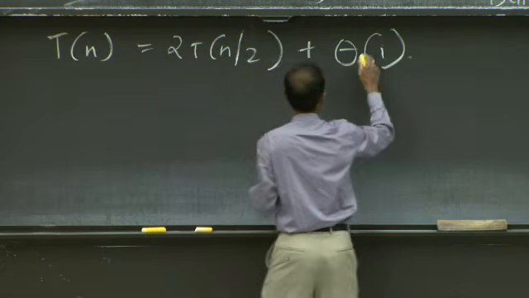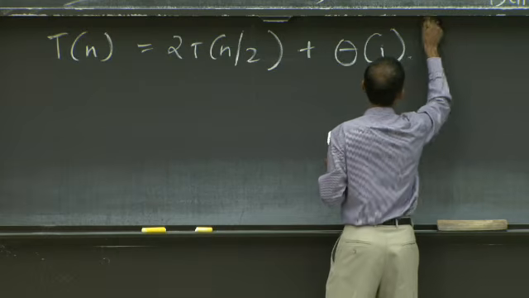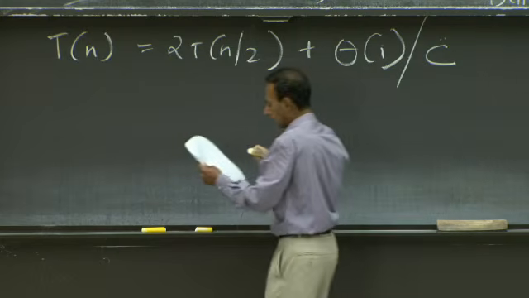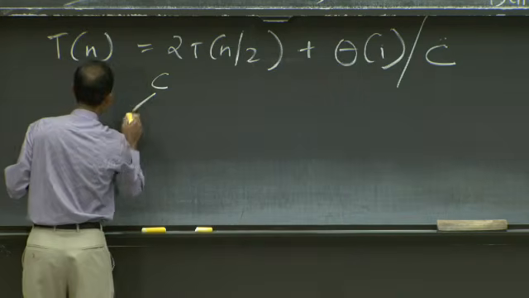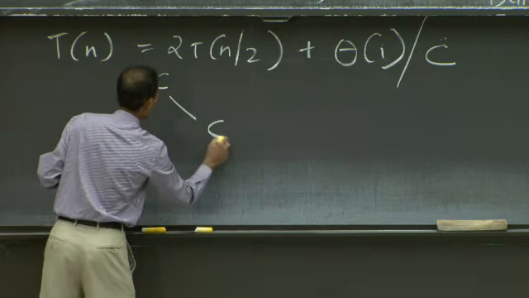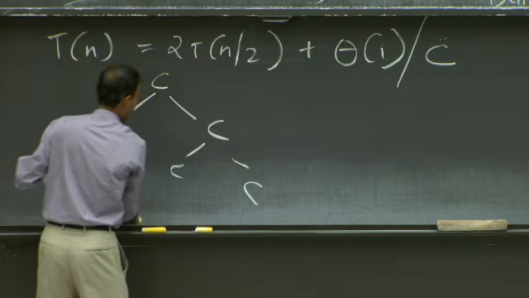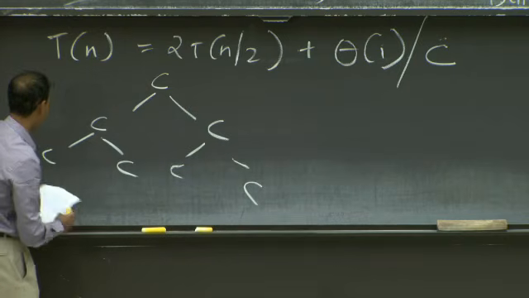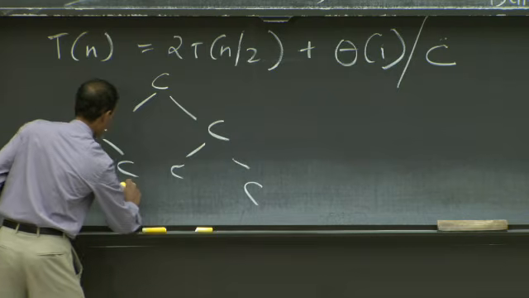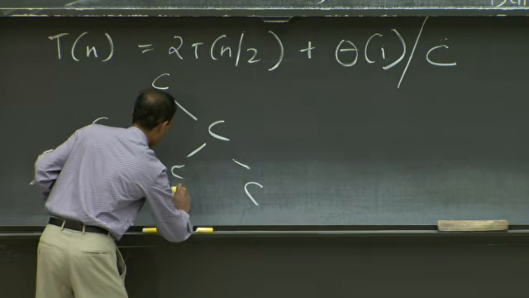And I can think of this as being theta 1, or I can think of this as being just a constant c. I'll stick with that. So I have c, c, c, and I have n leaves as before.